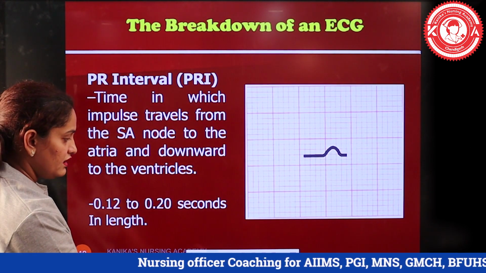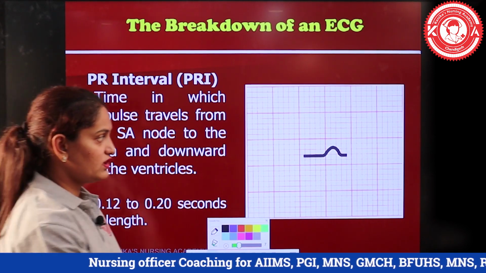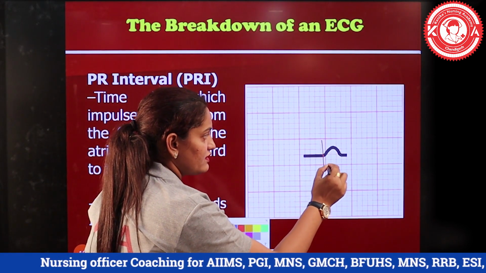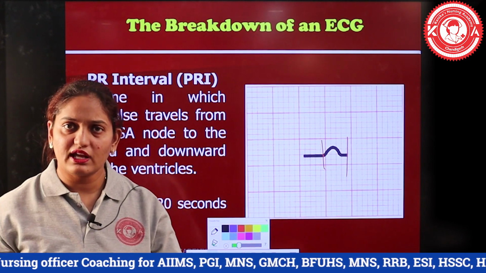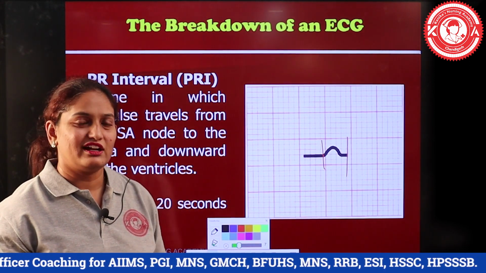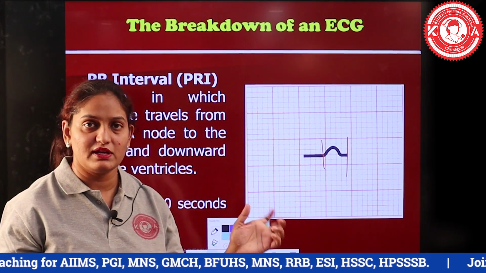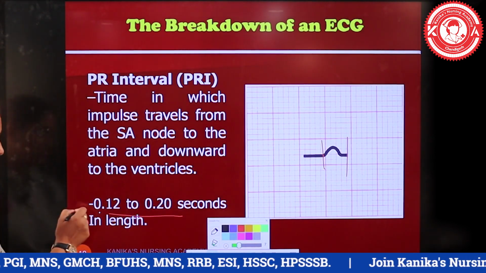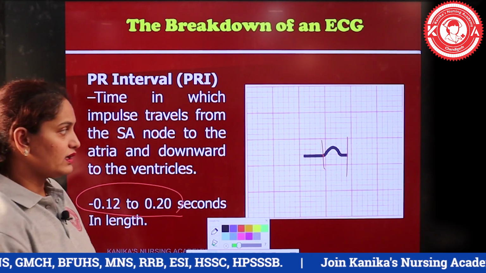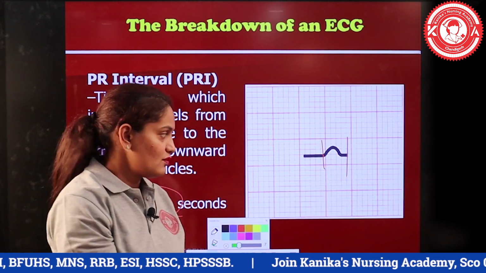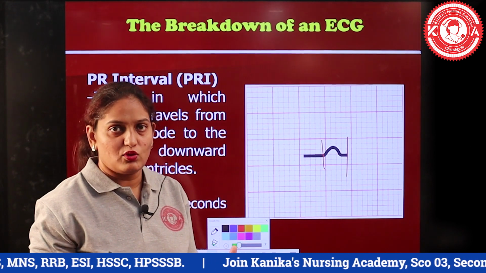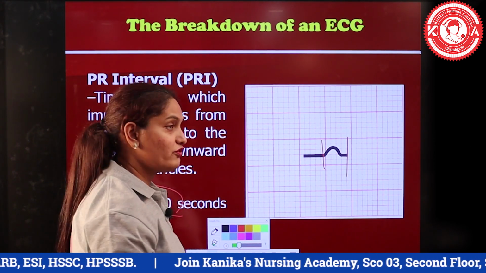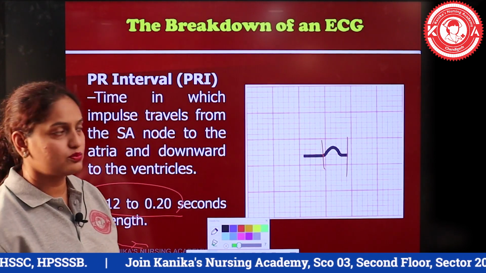Next is the PR interval, and as already I have mentioned that PR interval is the interval between the atrial contraction and the ventricular contraction, that is between P and QRS the PR interval will be there, and the normal time duration of PR interval is 0.12 to 0.20 seconds, which means 0.12 is 3 small squares and 0.20 is 5 small squares.